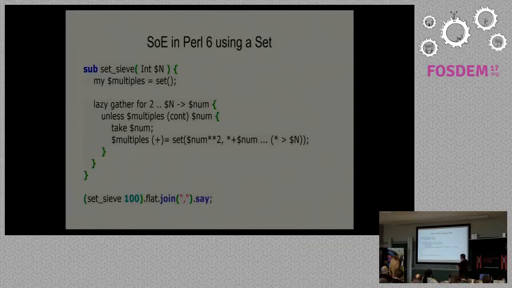We can try doing it using a set. This is something someone put on Rosetta Code as well. Doing it with a set, we have our multiples. We're going to gather. Unless multiples contains the number, we take it and we do a set union. You can use fancy Unicode characters for the contains and union.